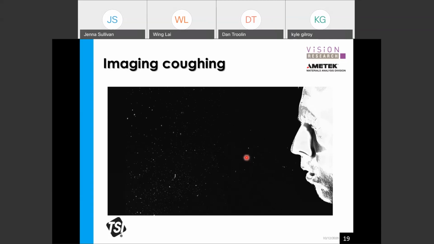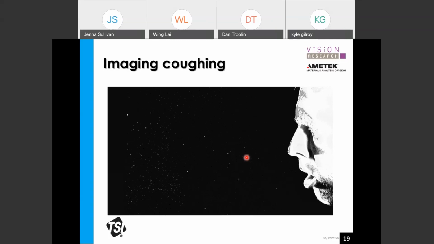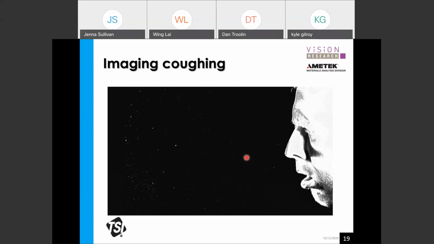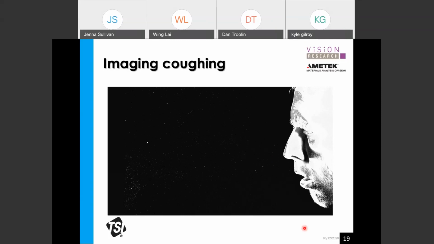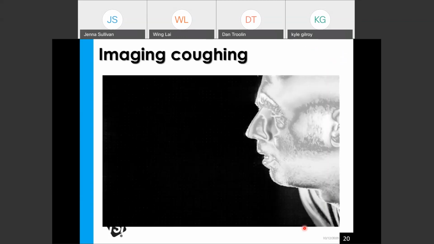This is an example of research being done to better understand how droplets and aerosols emerge when a person coughs. Vision Research and TSI worked together to take this data and analyze it to get quantitative data from this information. Okay, let's take a look at the results.